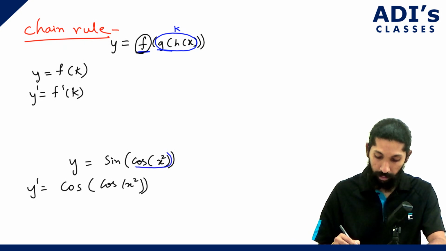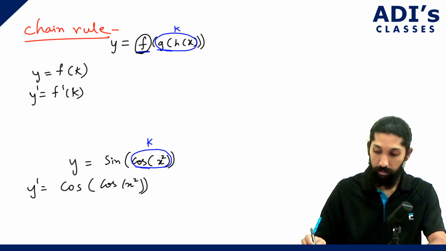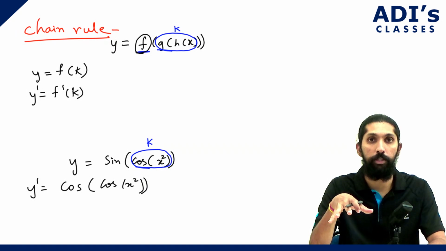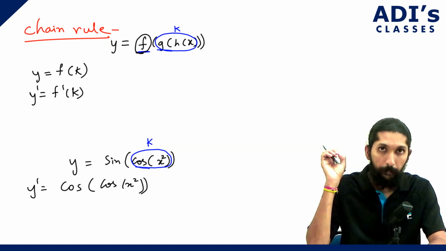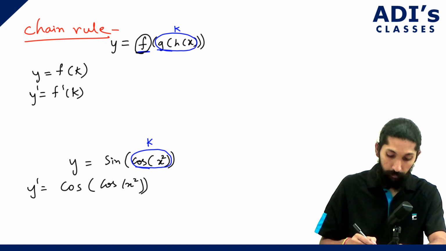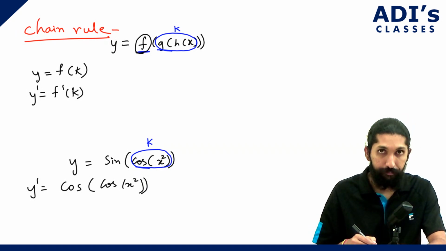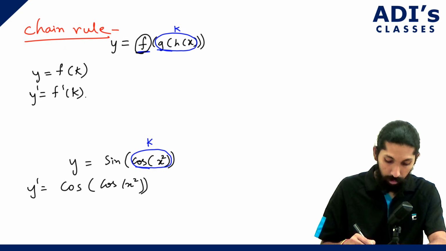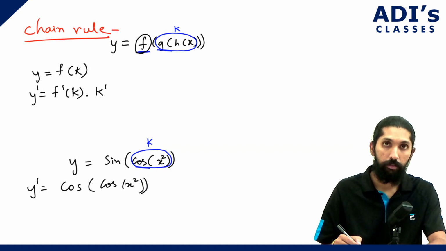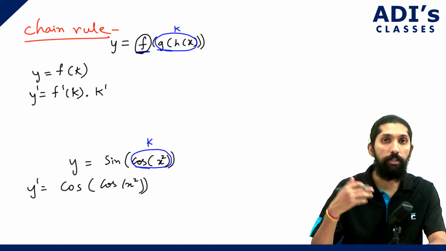This cos x square, I've taken it as k value. Correct? Already inside we have another composite function that we are taking as k. Okay, well and good. Next, we have f dash of k into, we have to differentiate that k. So k dash. Understood?